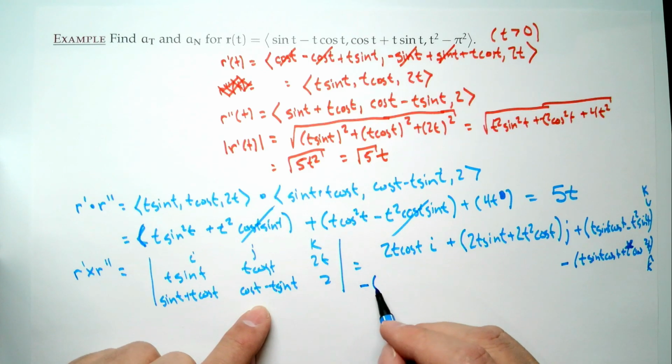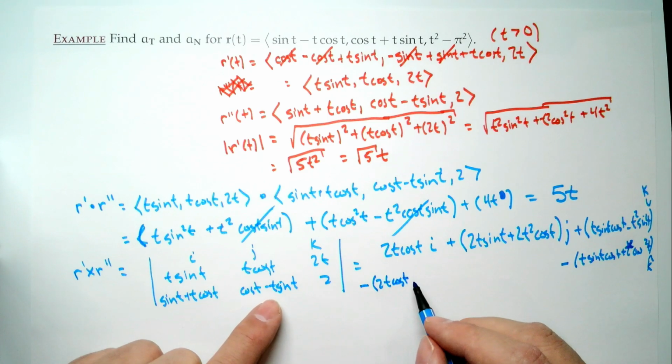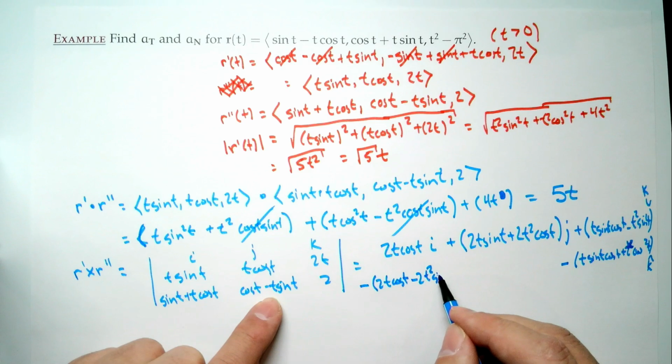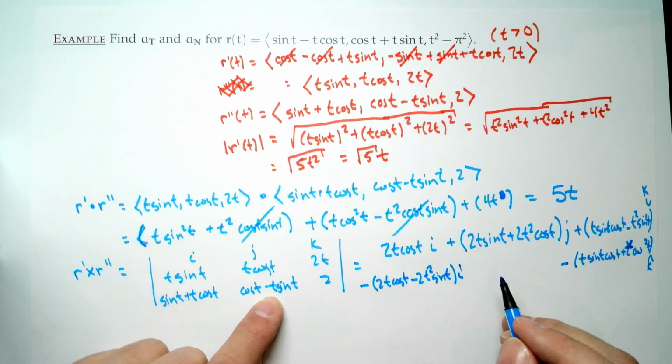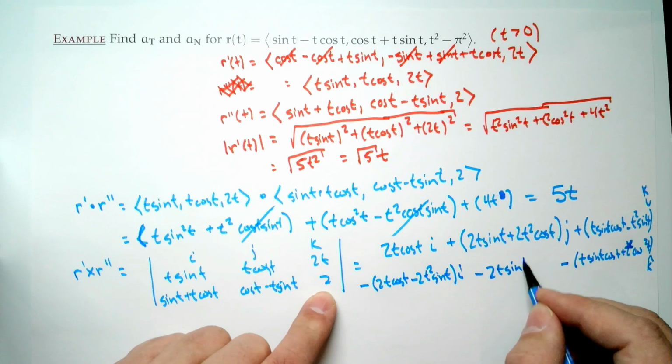Then minus 2t cosine t minus 2t squared sine t i, minus 2t sine t j.